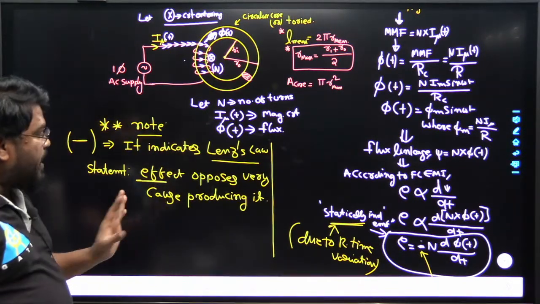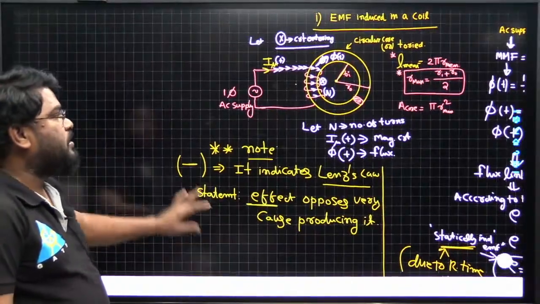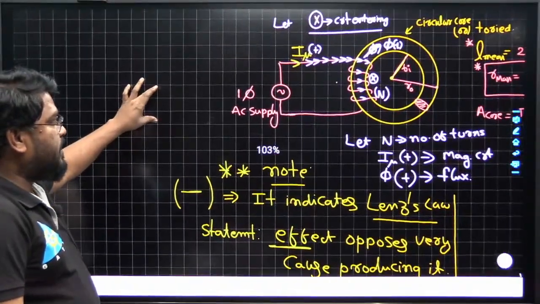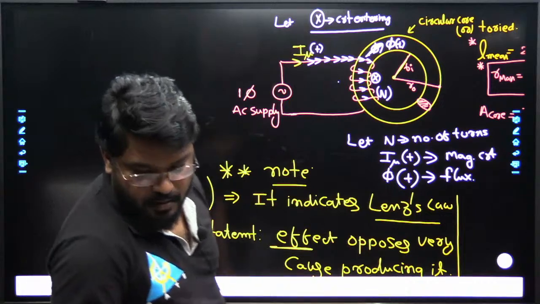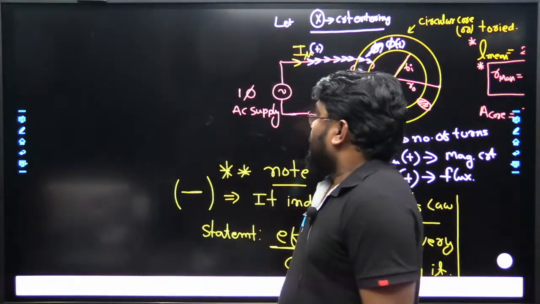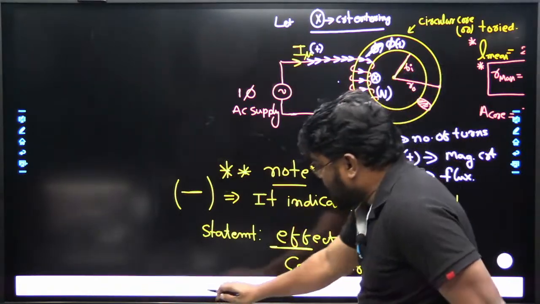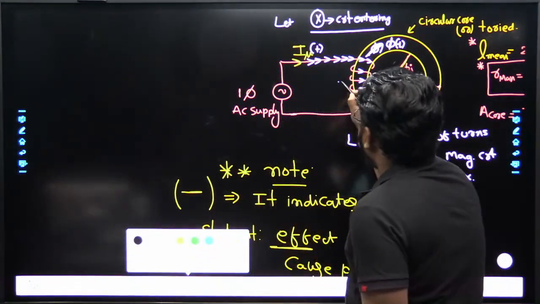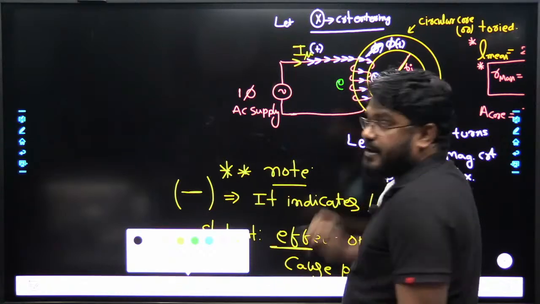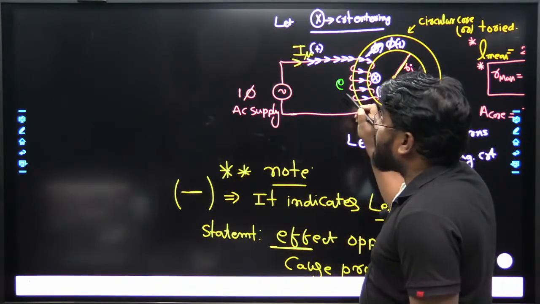So now we have to find out the polarity of the induced EMF. See here, all of you, this is very important. According to Faraday's laws of electromagnetic induction, EMF is induced in a coil, but we don't know the polarities.